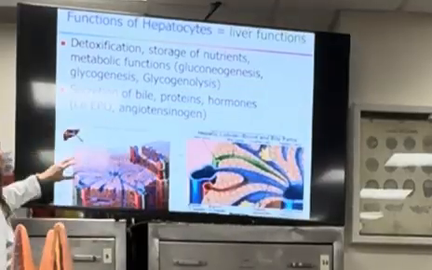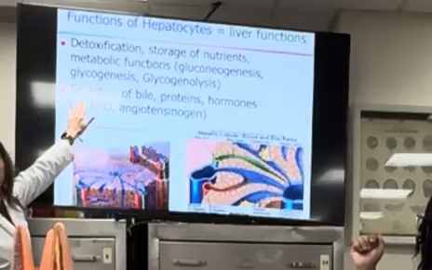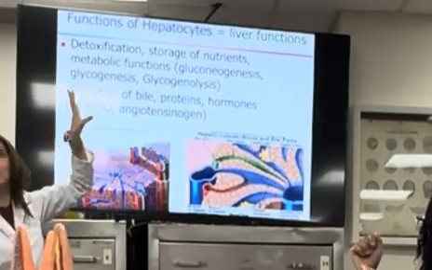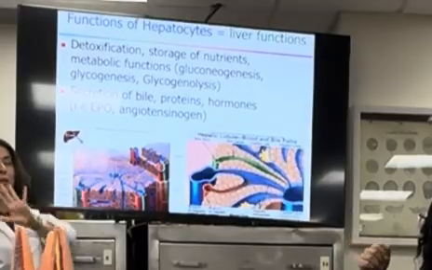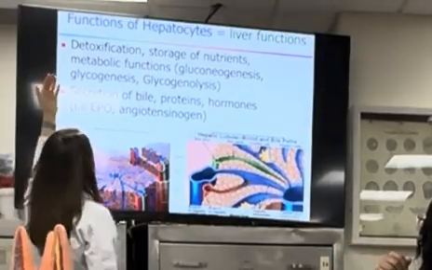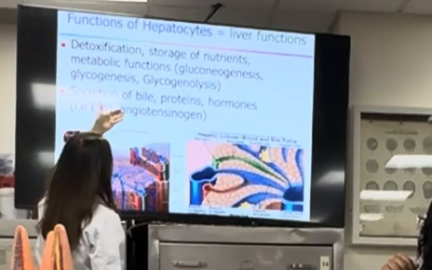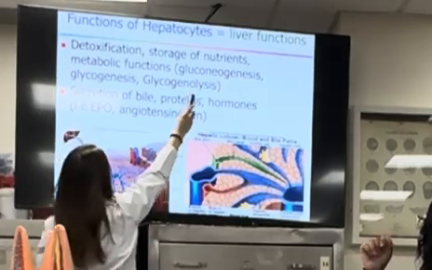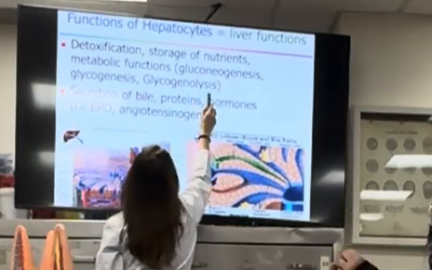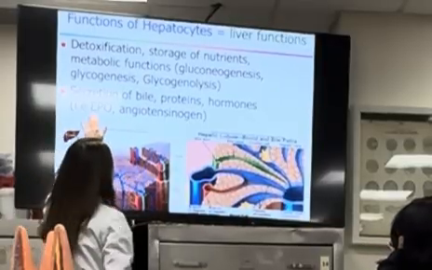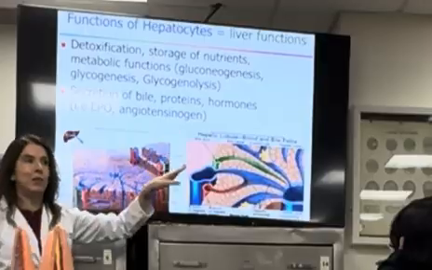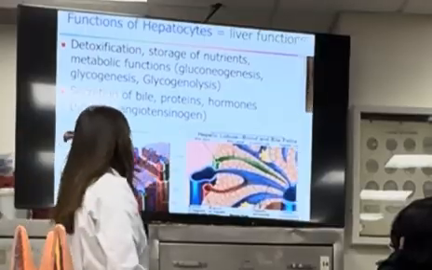Okay, so as you can see, if I ask you to give examples of functions of the liver or functions of hepatocytes, it is exactly what you mentioned a minute ago. Detoxification, storage of nutrients, all these metabolic functions, gluconeogenesis, glycogenesis, glycogenolysis, production of bile, production of erythropoietin or angiotensinogen, right? Those are the hormones produced by the liver.